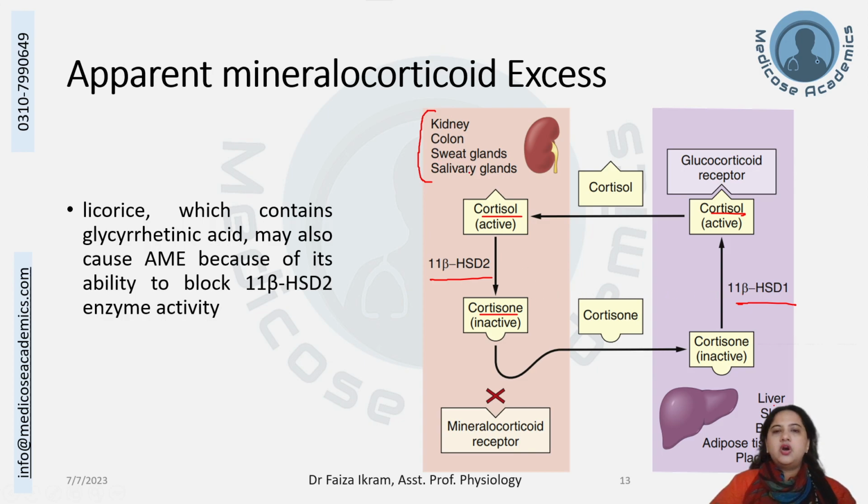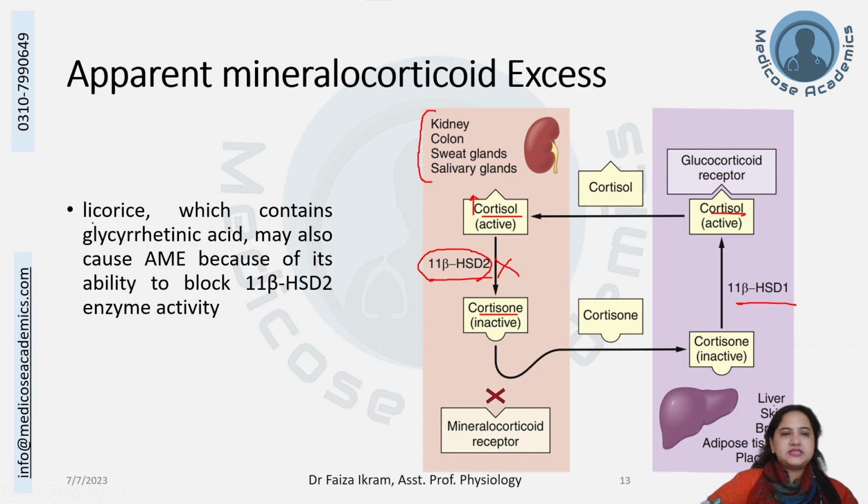So all those diseases which are producing excessive cortisol might lead to symptoms of mineralocorticoid excess too. And all those diseases or conditions in which this enzyme is deficient or defective are also going to produce symptoms of mineralocorticoid excess.